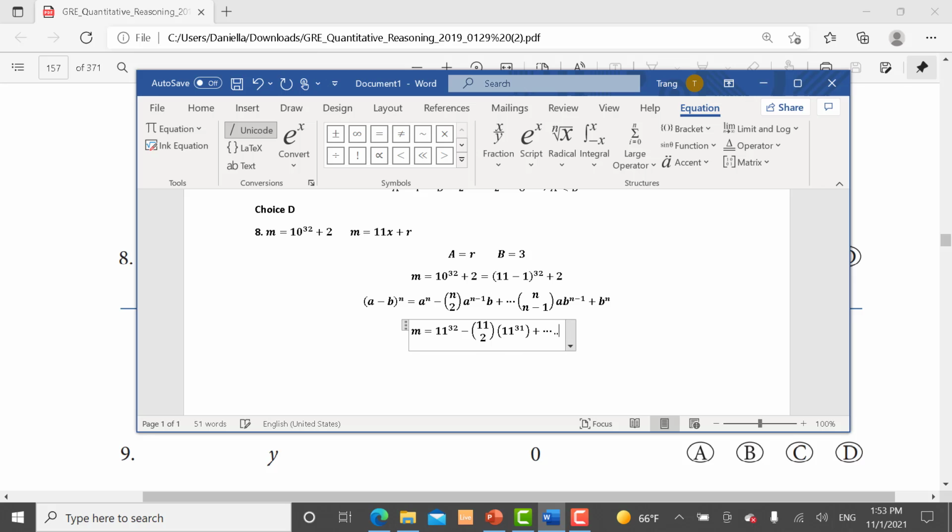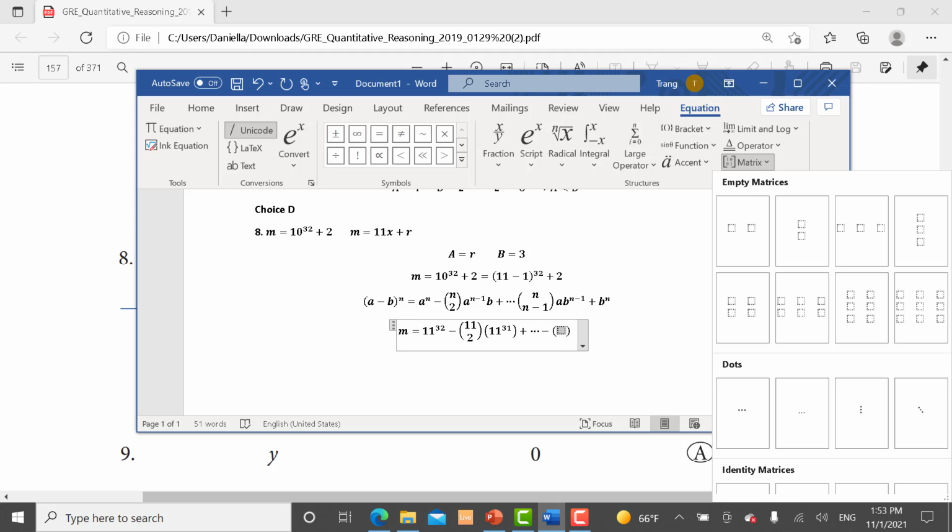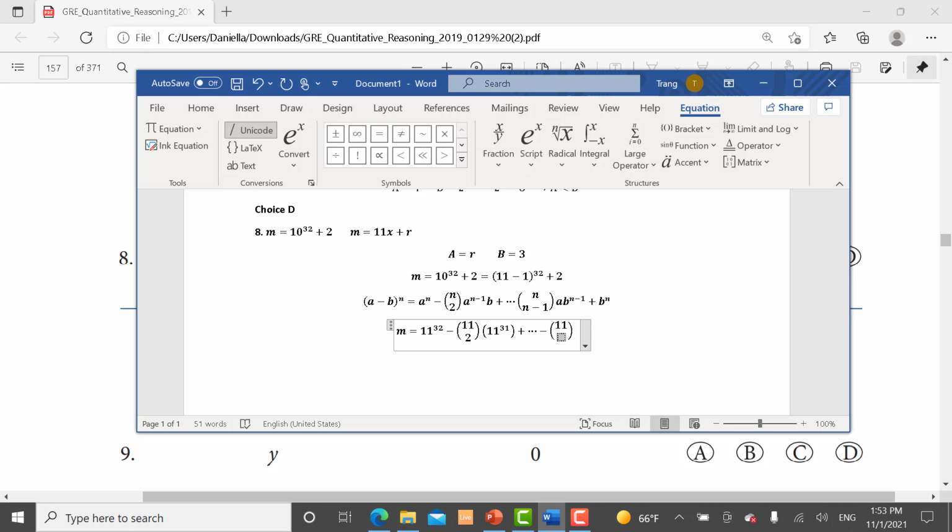Then plus dot dot dot, minus 11 choose 10 times 11, and then plus 1 to the 32. And don't forget to add 2 at the end.